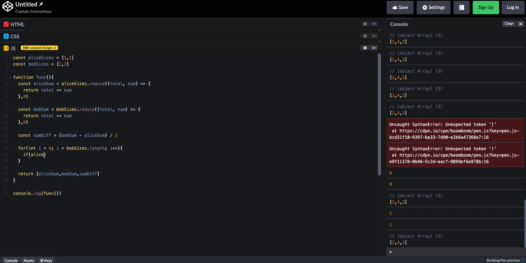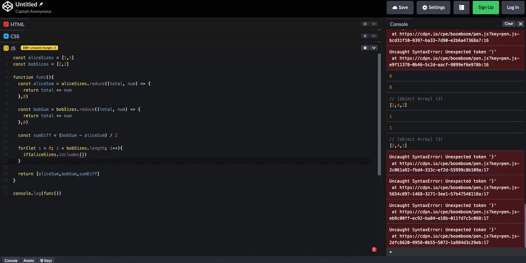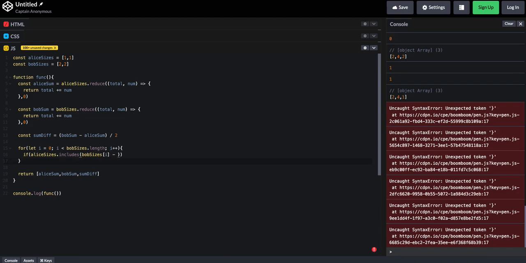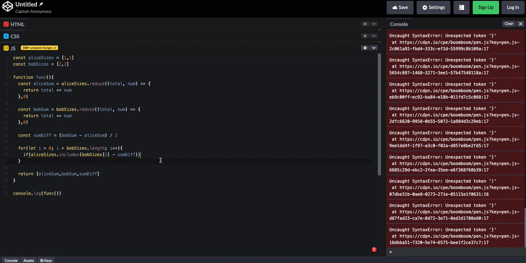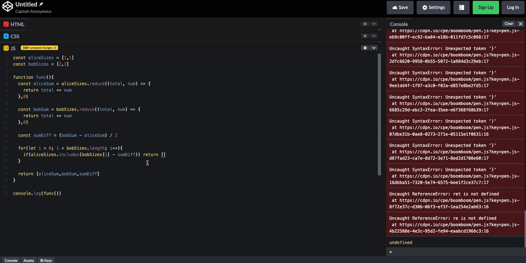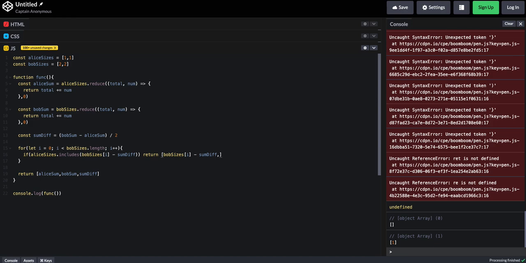So we say if Alice sizes dot includes Bob sizes at i minus some diff, we just go ahead and return this for the first number, because that's the number we're looking for in Alice sizes, right?